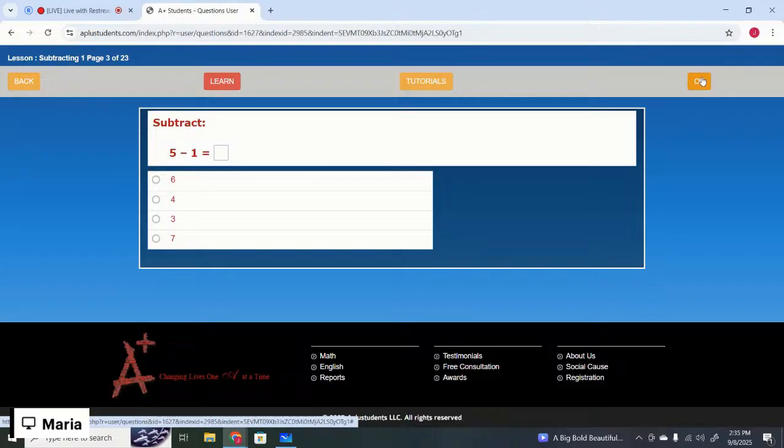Five take away one is four. Option number two is the correct option.